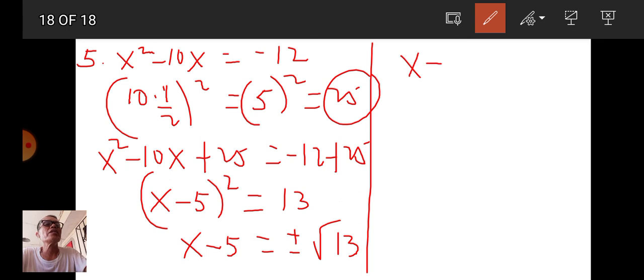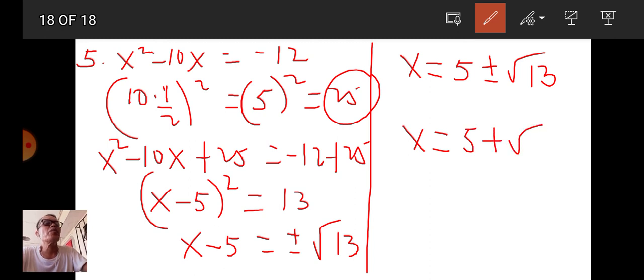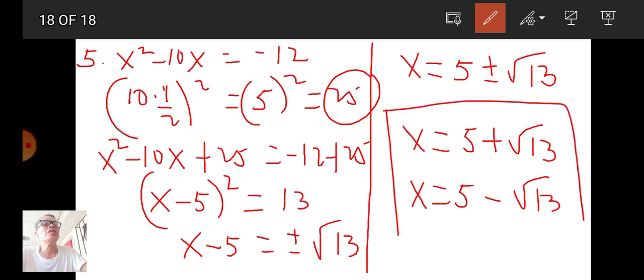You will have x is equal to 5 plus minus the square root of 13. Therefore, the value of x, so x is equal to 5 plus the square root of 13, and the other one, x is equal to 5 minus the square root of 13. So these are the values of x.